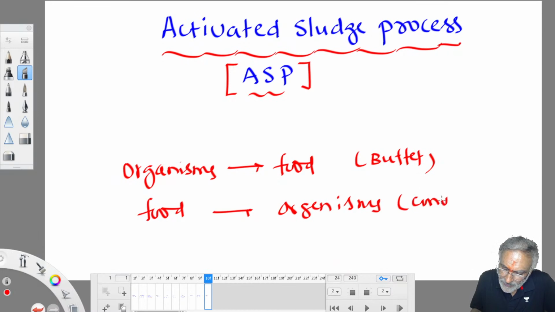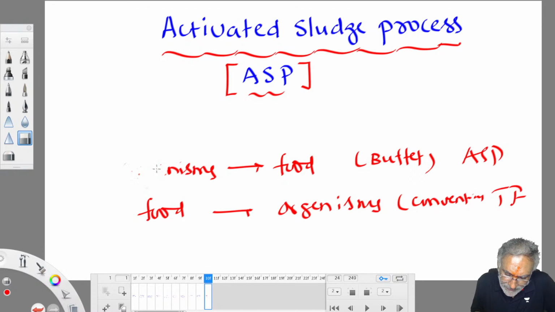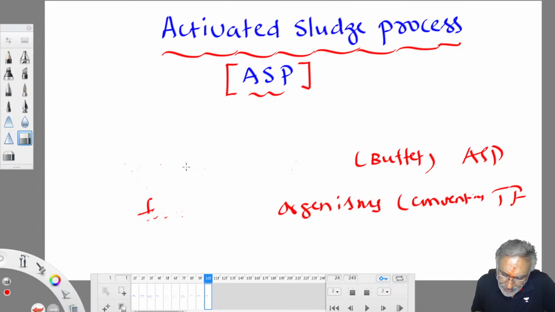This is the old type, conventional type of arranging food. So exactly the same way, this is activated sludge process, this is trickling filters. In activated sludge process, microorganisms chase the food and enjoy the food, absorb the food and carry out necessary bioconversions. Whereas in trickling filters, organisms comfortably remain at one place and food is taken to the organisms and we ask the organisms to enjoy the food. That's called the old type of method of arranging a feast.